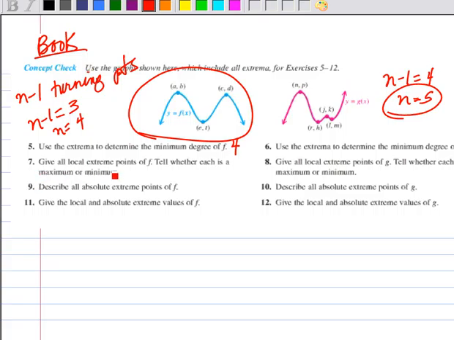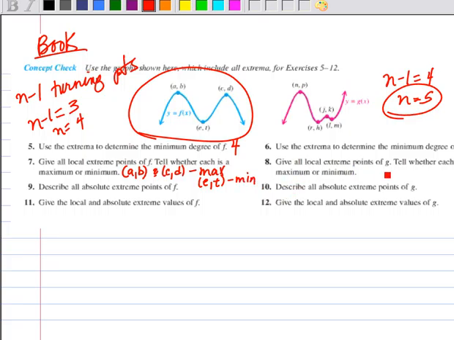Give all local extreme points of f. Tell whether each is a maximum or minimum. So the extreme points of f would be A, B, E, T, and C, D. So A, B, and C, D would be maximum points, and E, T is a minimum.